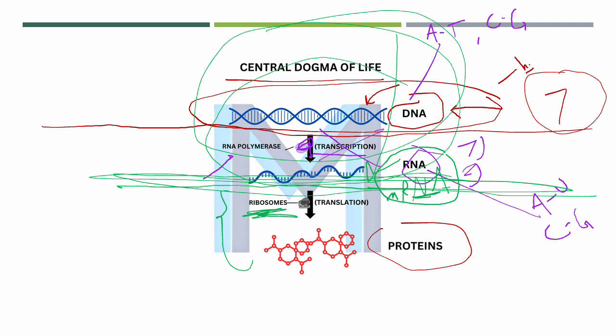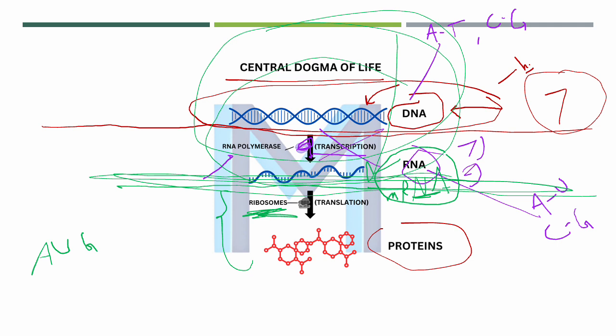So during initiation, a transfer RNA, tRNA, carrying methionine binds to the ribosome at the start codon. And this start codon is abbreviated AUG.